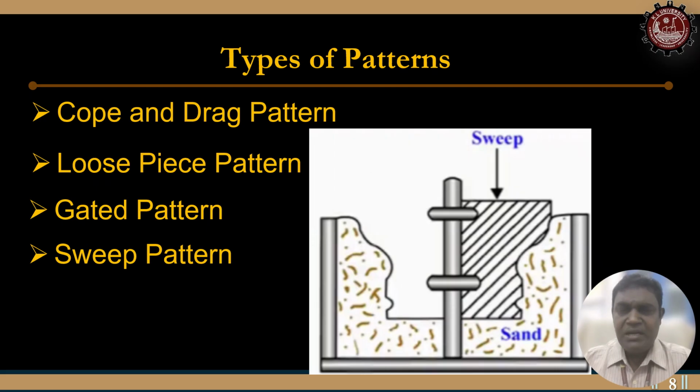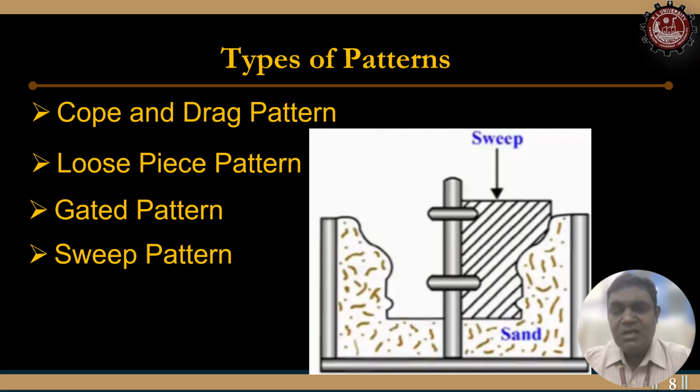Next, sweep pattern. Look at this diagram. Now I want the internal surface in this required shape. In this required shape, it is not possible to use the single piece pattern. If you use the single piece, it is unable to come out at this junction. See that here there is a projection, and here one more projection. These two projections obstruct the removal of the pattern.